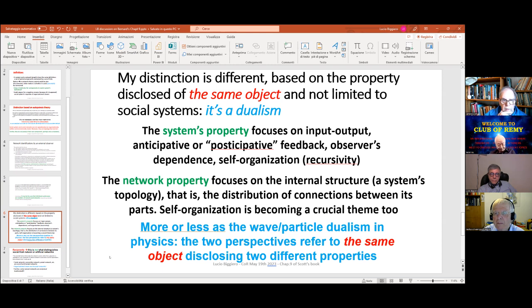So all that is lovely, but there's three senses of self-organization: the Prigogine sense, the abstract von Foerster, Ross Ashby, Beer, Pask sense of a system that is dynamically evolving and emerging.